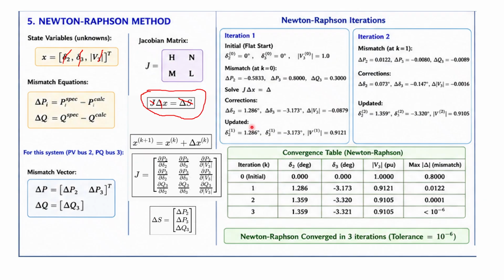So by solving again for a new ΔX, which means the correction factor, again we'll update the state variable. So after several steps, for example, these are the three state values δ2, δ3, V3. Initially, we guess the voltage angle as 0 and the magnitude of voltage as 1 per unit.